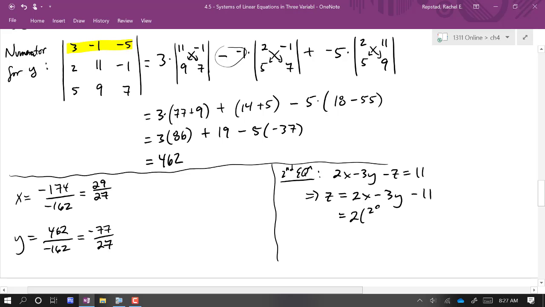So 2 times 29 over 27 minus 3 times negative 77 over 27 minus 11.